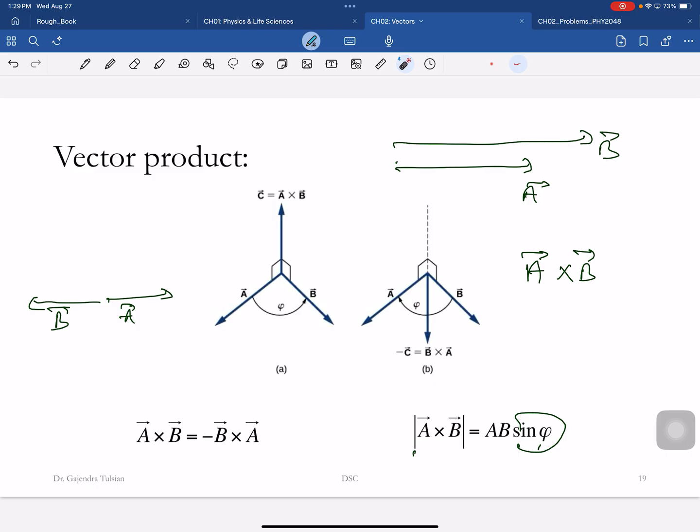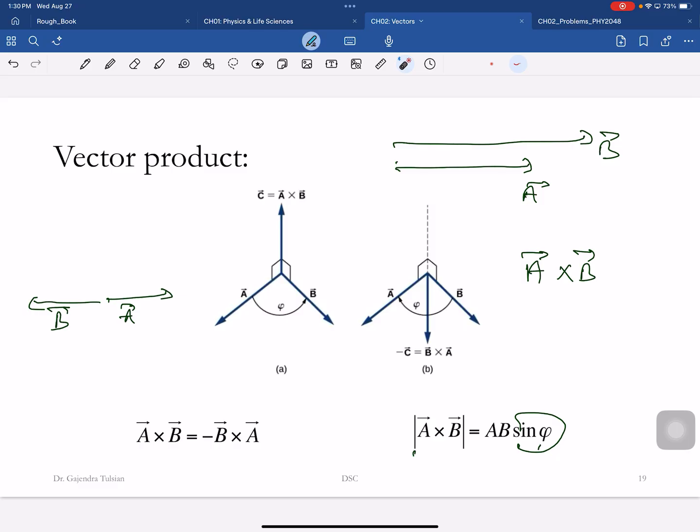If you want to find A cross B, there's A, there's B. If you turn a screw from A to B, which way would the screw move? If I turn the screw this way, it'll move that way. That's the direction of C. The cross product is perpendicular to this plane, so you have to figure out if it's in that direction or this direction.